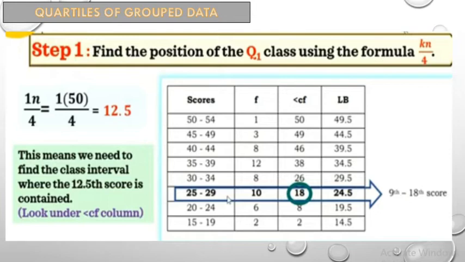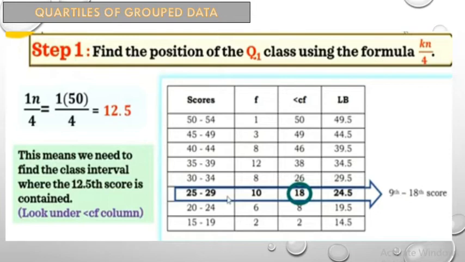So, in this 12.5 will be our reference on what to choose from our data. And we could see also that this means we need to find the class interval where the 12.5th score is contained. So, we're going to look under less than cumulative frequency column.